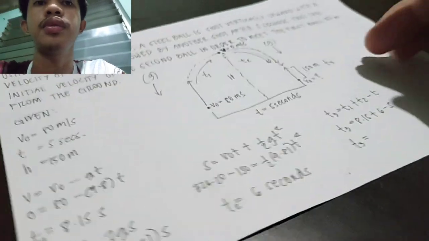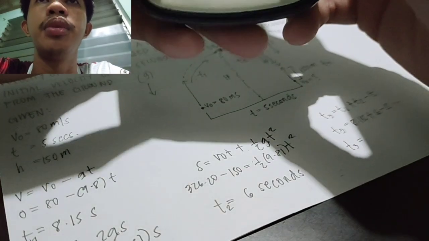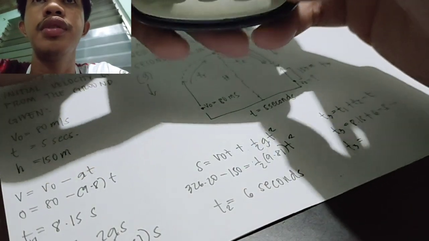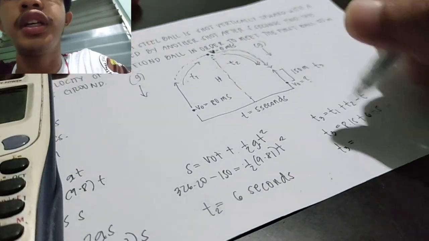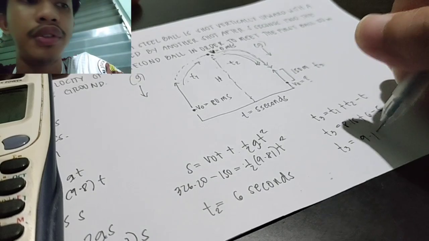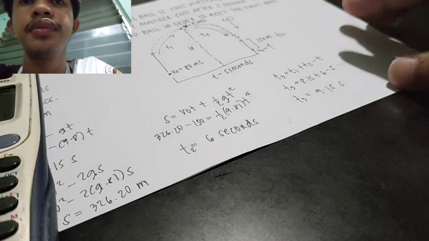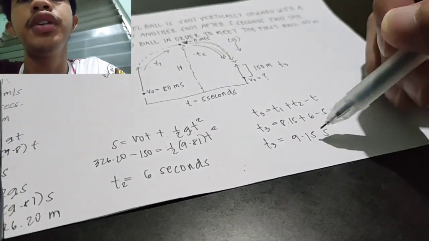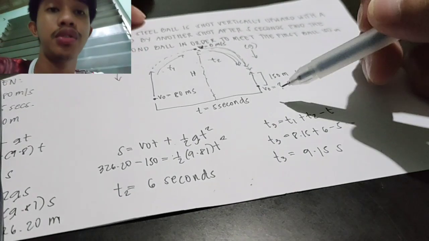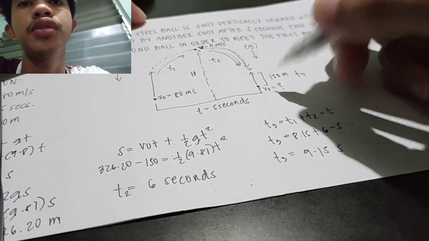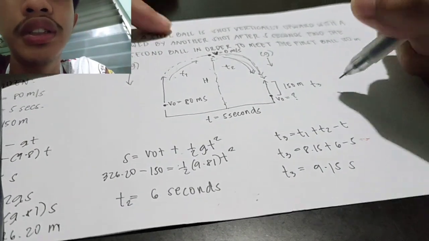T3 is equal to 9.15 seconds. So now we have the time that we'll use for this ball, and we can solve for its initial velocity.